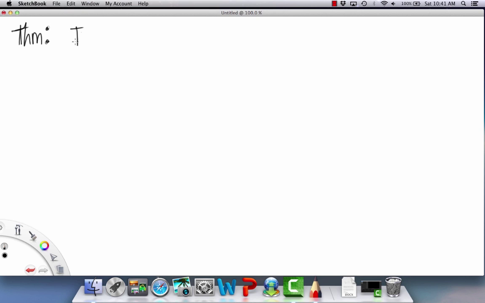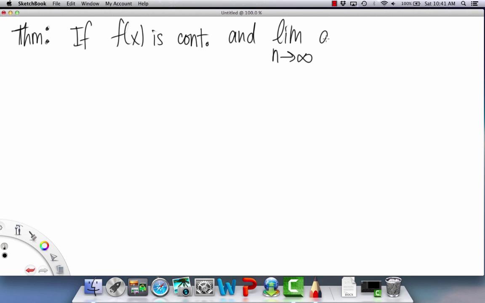So this theorem says if f of x is continuous, and the limit as n goes to infinity of a_n equals L, then here's our big then, the following is going to be true.